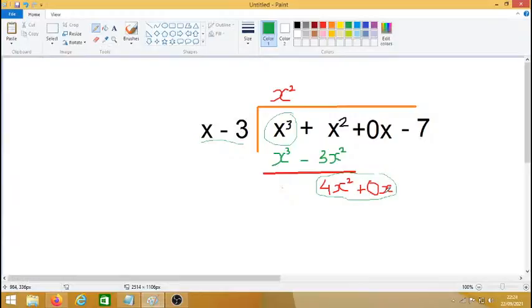And remember, you don't have to get an exact match, but at least the x squared part has to be very, very close. So we've got x times 4x should do the job. So let's have a plus 4x here.